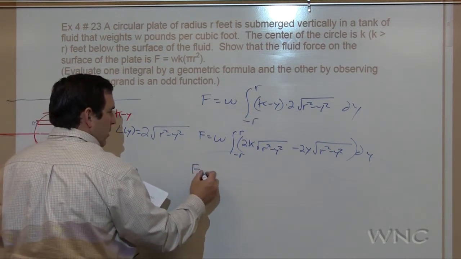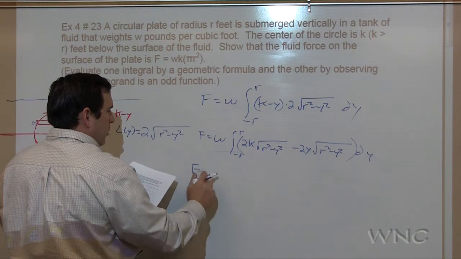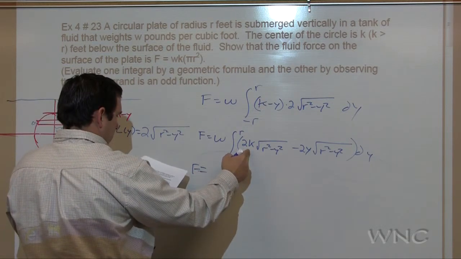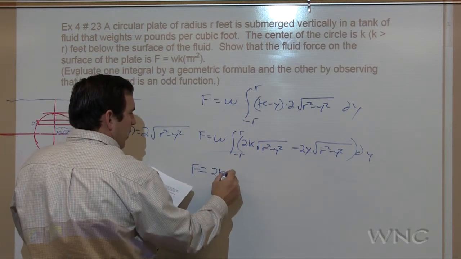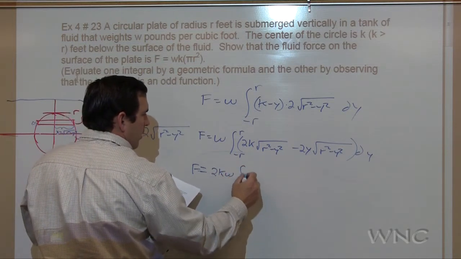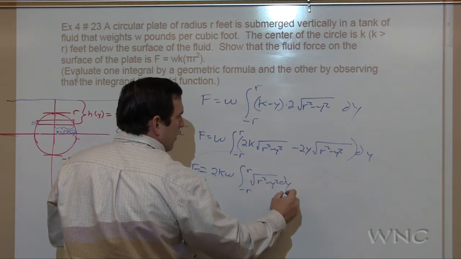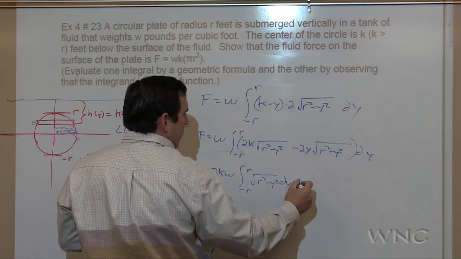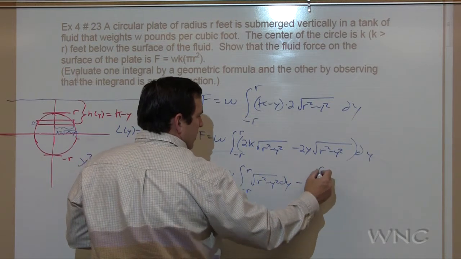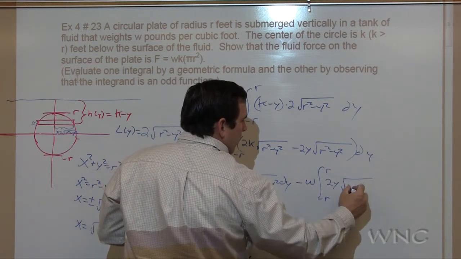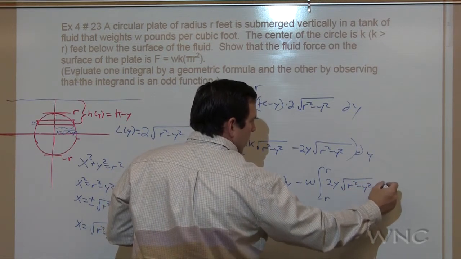So our force is going to be, I'm going to break this into two integrals. 2k can come out, 2kW, integral from negative r to r of the square root of r squared minus y squared dy. Then we have minus W times the integral from negative r to r of 2y times the square root of r squared minus y squared dy.